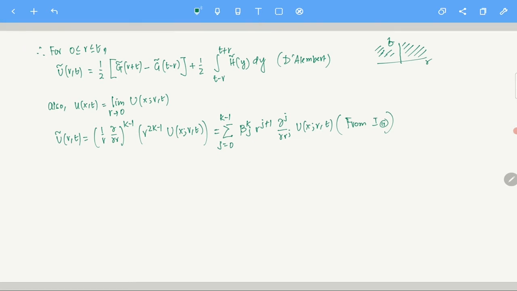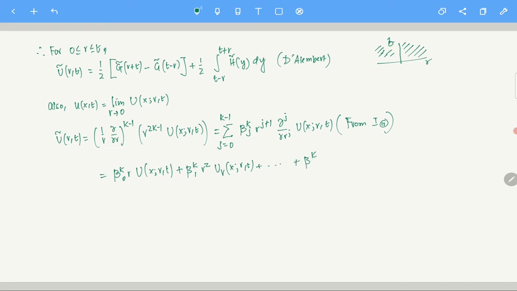So please bear with me here. If I want to write it down, this is basically b_k0 r U(x, r, t) plus b_k1 r^2 U_r(x, r, t) plus, and this goes on, right?